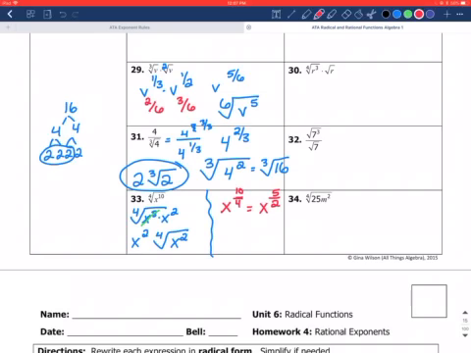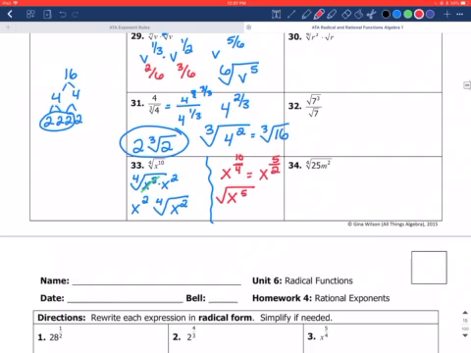Now, from there, 5/2 we can change back into radical form, and that would be the square root of x to the 5th. All right, so from there, x to the 5th, we would simplify that out and make it x to the 4th, x to the 1st. That will be x squared with the square root of x on the inside.